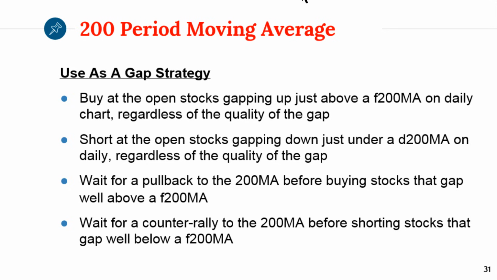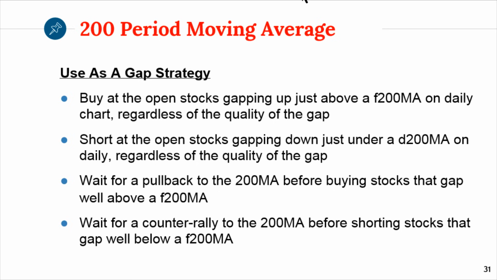stocks gapping up just above a flat 200 MA on the daily chart, regardless of the quality of the gap. Would you believe that? I'm saying it. So I believe it. If a stock gaps up just above the 200, you can almost disregard the quality of the gap.